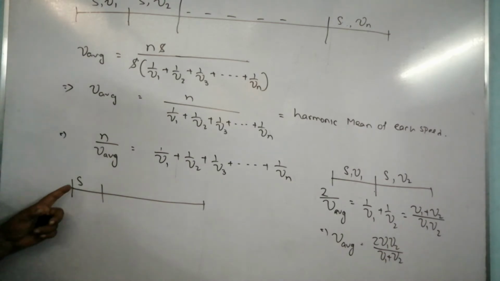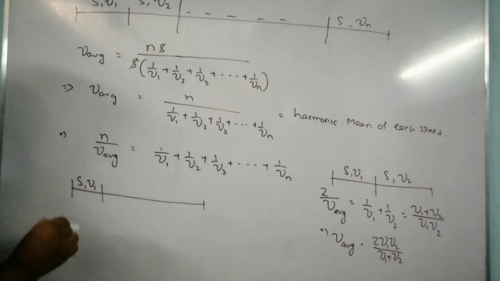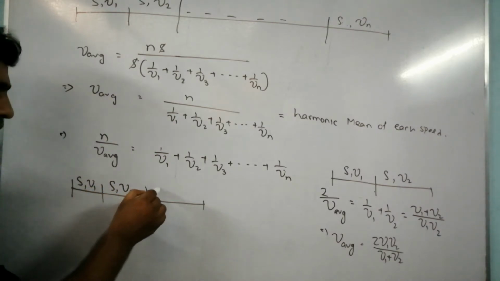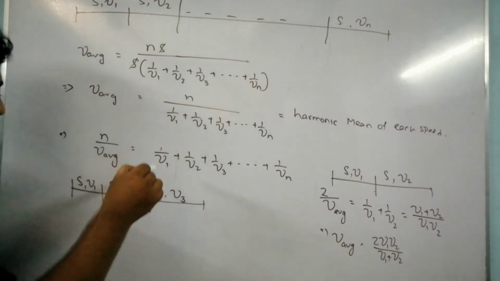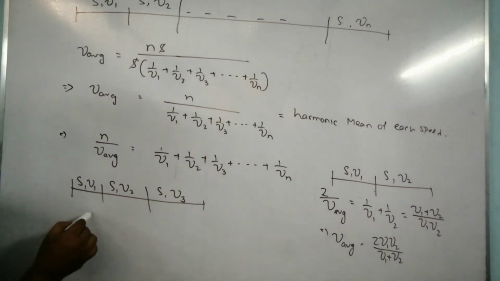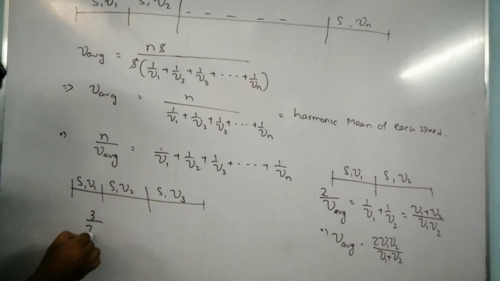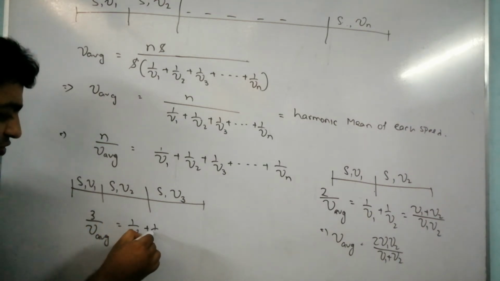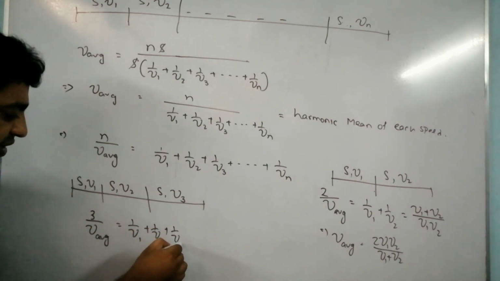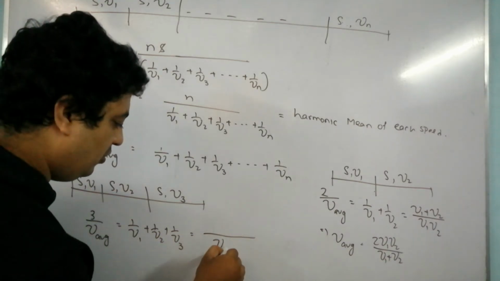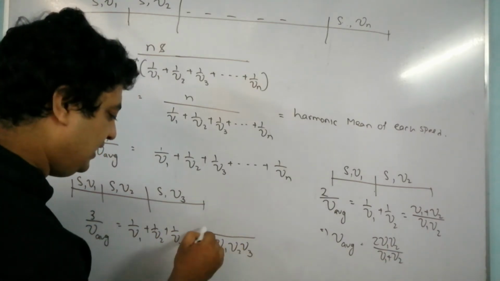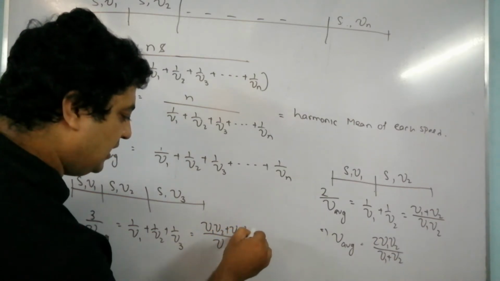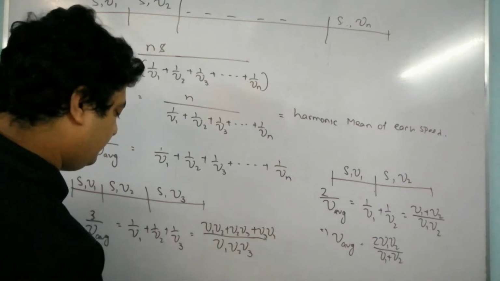A particle covers first 1/3 distance with speed V1, the next 1/3 distance with speed V2 and the last 1/3 distance with speed V3. Then the average speed, we can write 3 by V average equal to 1 by V1 plus 1 by V2 plus 1 by V3, which is equal to V1 V2 plus V2 V3 plus V3 V1 by V1 V2 V3.